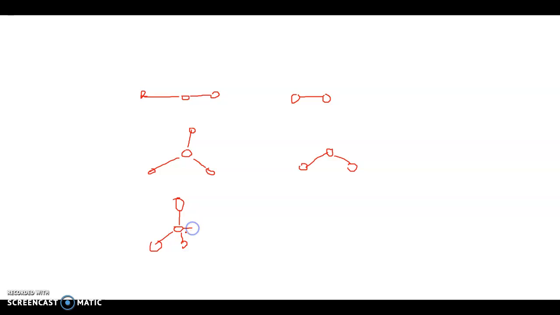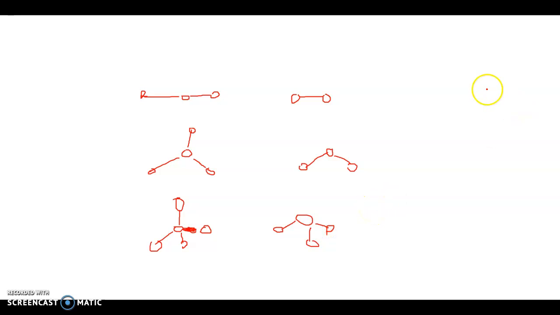So try and make it 3-dimensional-ish, like this is in the background. I can't draw these things. Need a touch screen. All right, so that'd be tetra meaning 4. Then pyramidal, you have 3 on the bottom here. Okay, so these are your basic shapes.